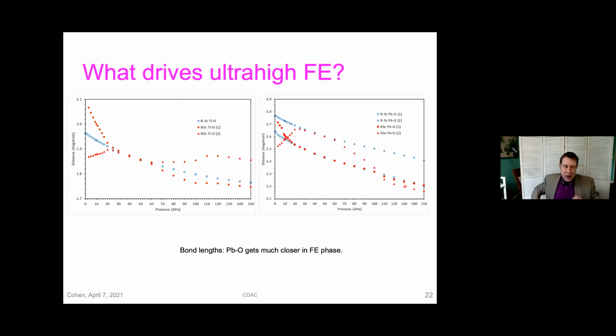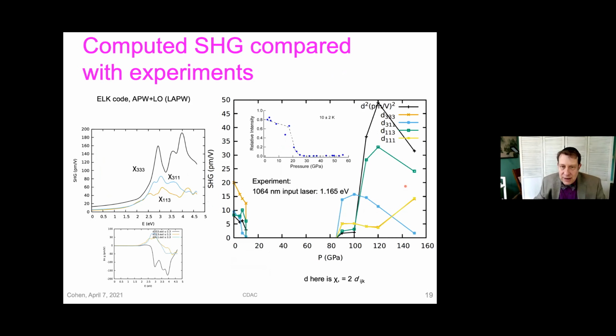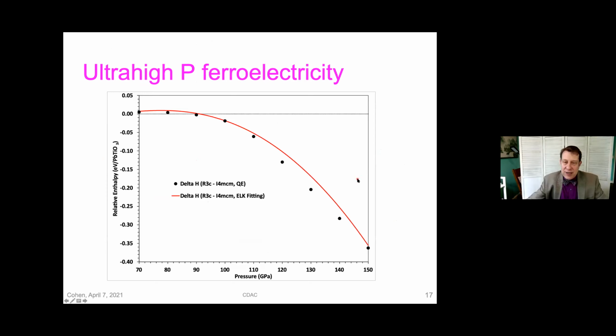It depends on the pressure. If you go back to this pressure difference, energy difference, if you really were at 150 GPa, it's a very deep double well, and I think it's definitely going to be ferroelectric. If you were to do the experiment at 100 GPa, or even worse at 90 GPa, I think it becomes very iffy, and at room temperature, I'm sure you're probably not going to see it.